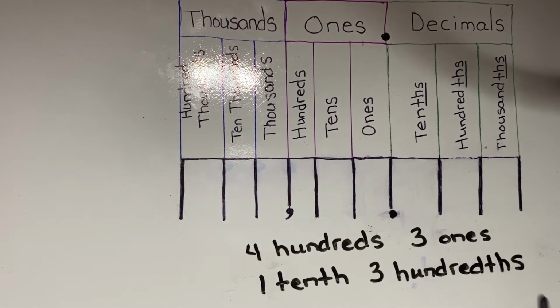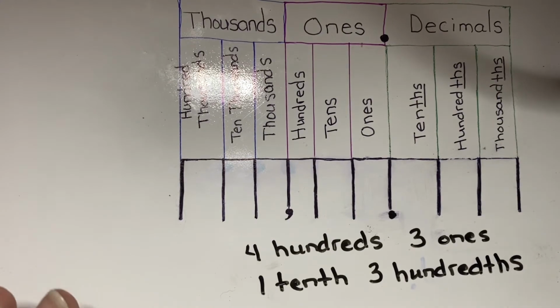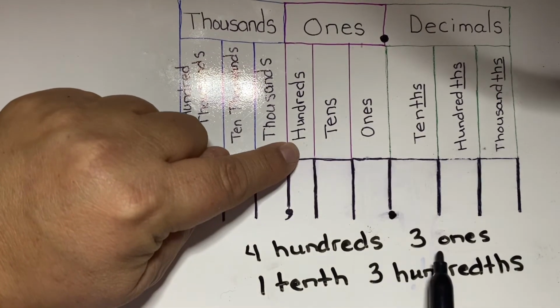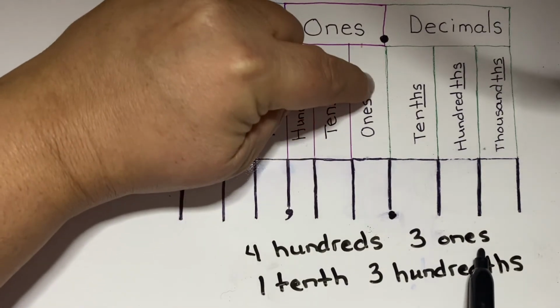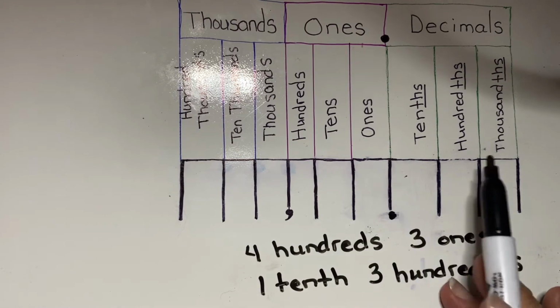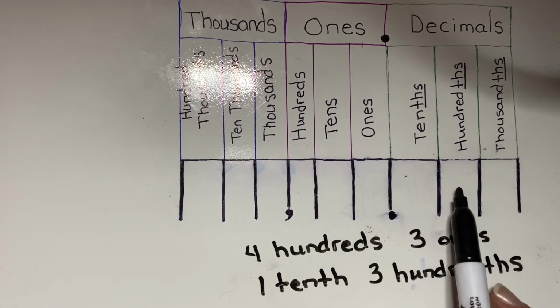What I've also noticed is you guys aren't really sure. Okay, well, I have hundreds, which is here. I have ones, which is here. I have a 10th, which is here. And I have a 100ths, which is here.